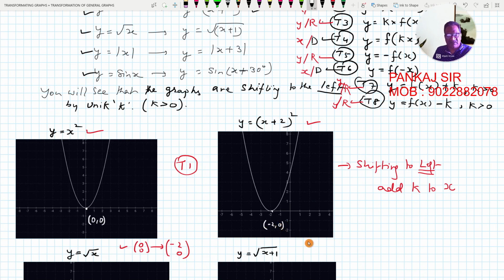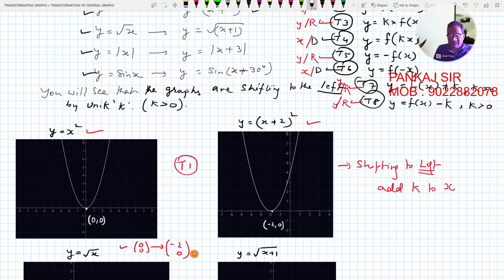So whenever you add some constant to x, you can take it this way: for a point on the parent function, the x coordinate, you will have to subtract that particular value which you have added. So when you add x plus 2, here you have to do subtraction. From 0 you subtract 2, which gives you minus 2, and your y coordinate is going to remain the same.